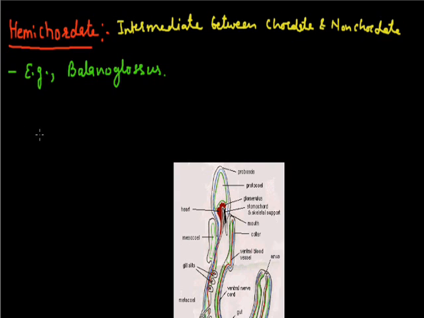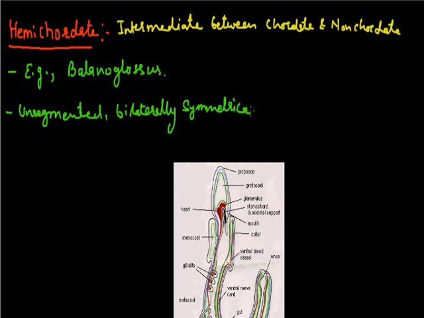First of all, the first feature: what is the first feature of this phylum? These animals are unsegmented. The body is not divided into segments. Second point, these animals are bilaterally symmetrical. Next, these animals are eucoelomate, triploblastic.